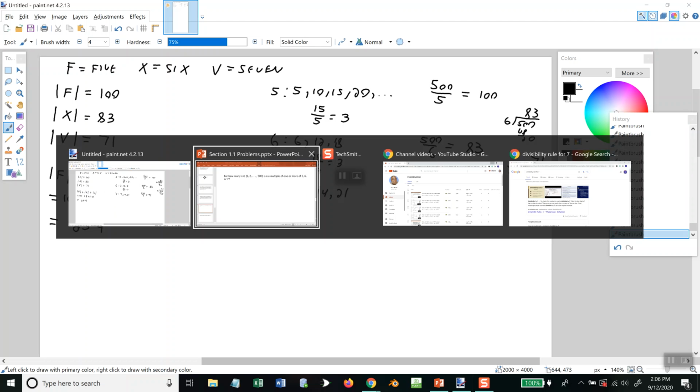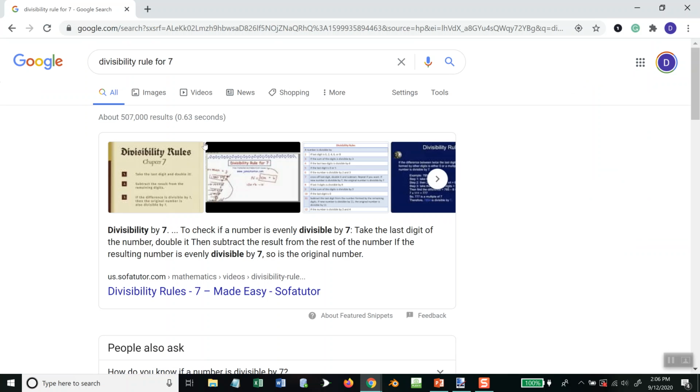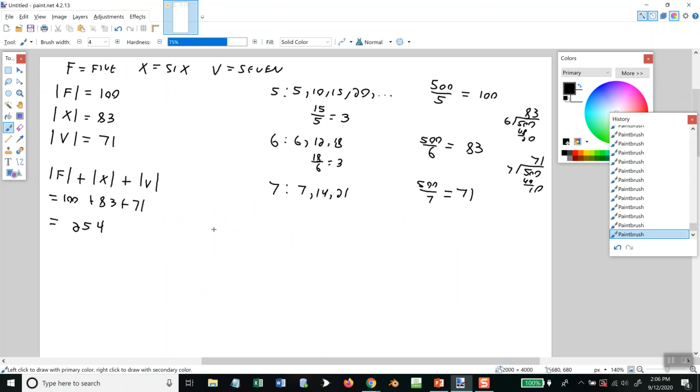I started looking up formulas for divisibility rules and tried to think if there was something related to that, and then I started thinking about it from a different standpoint.